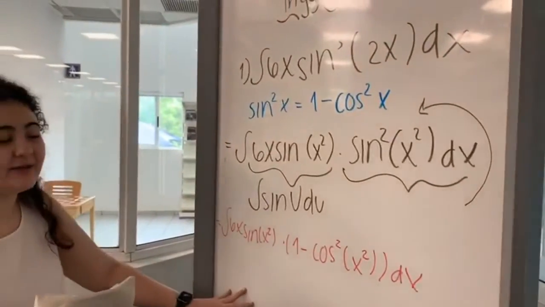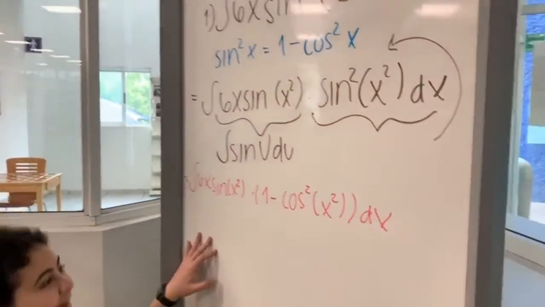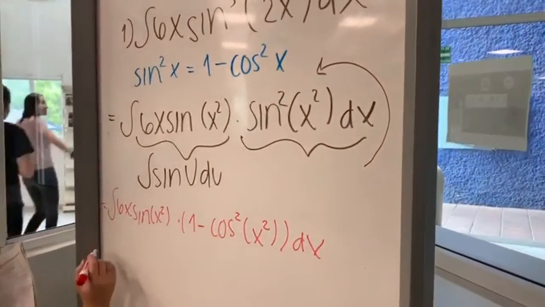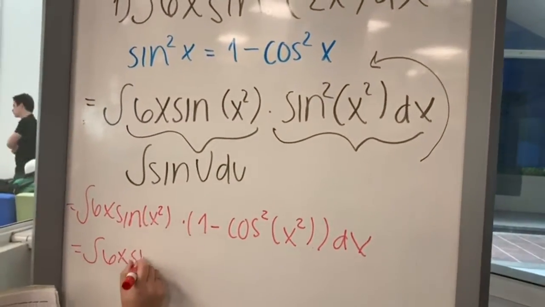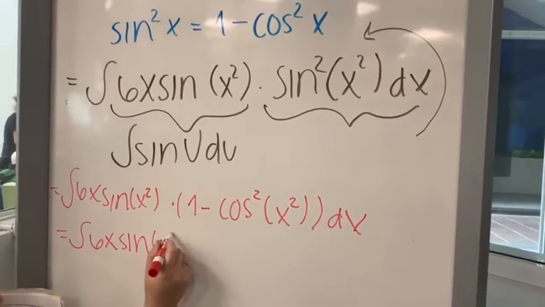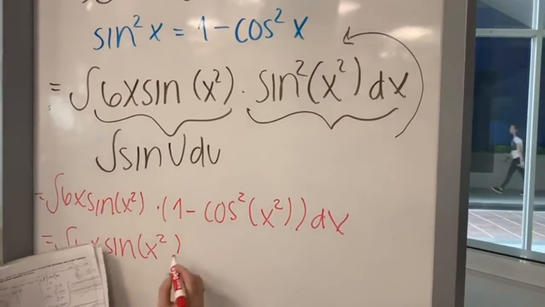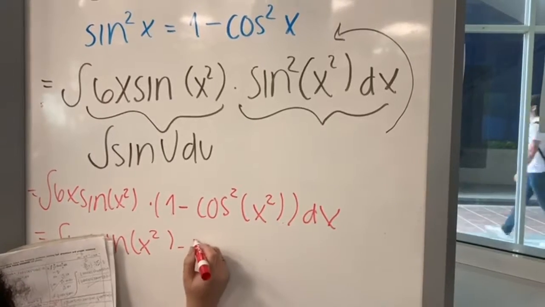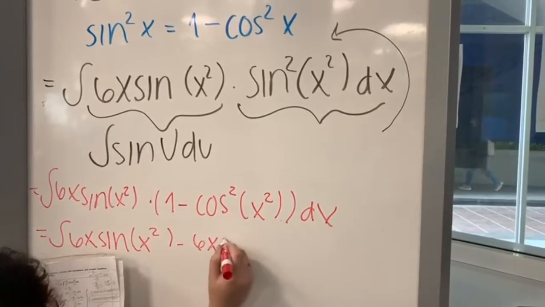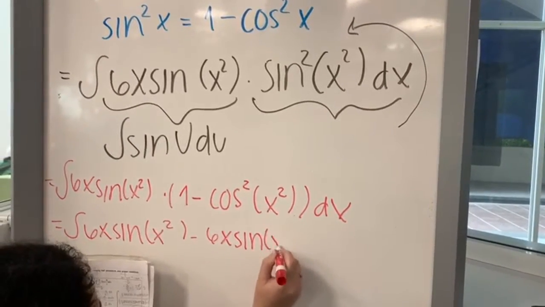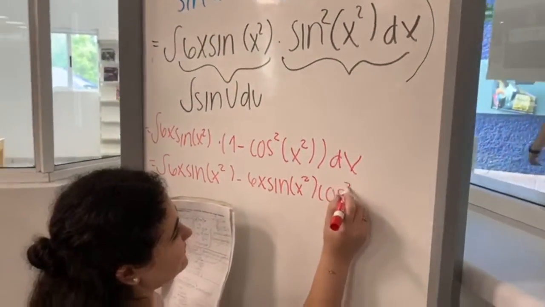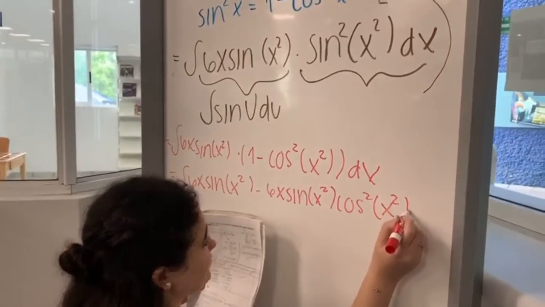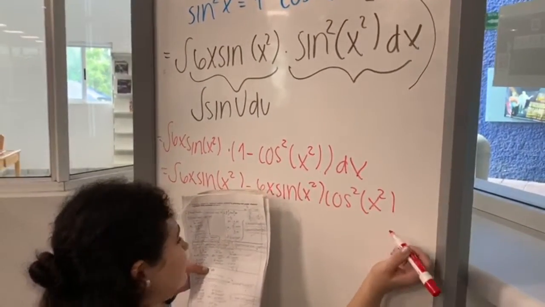So once we have done this, we have to multiply our terms. So you're gonna be left with 6x sine of x squared minus 6x sine of x squared cosine squared of x squared dx.